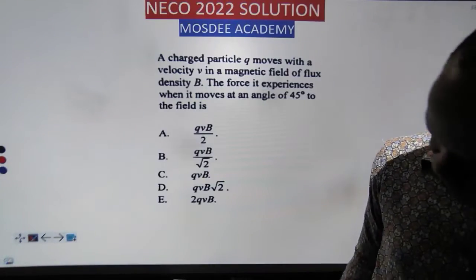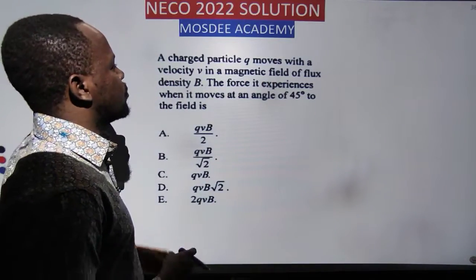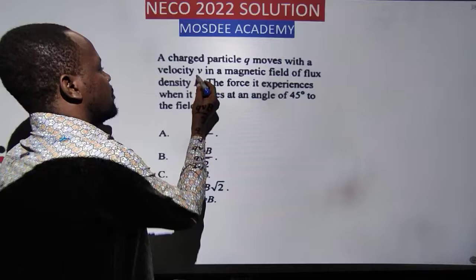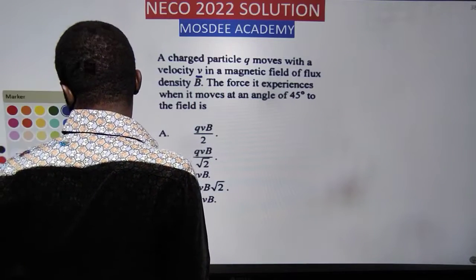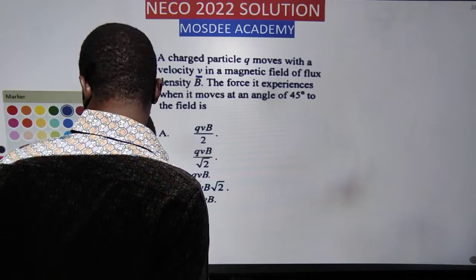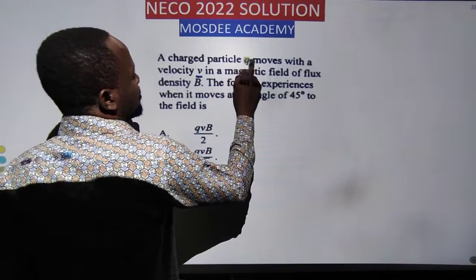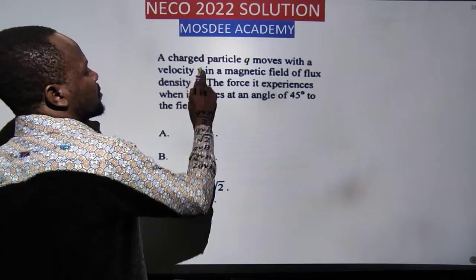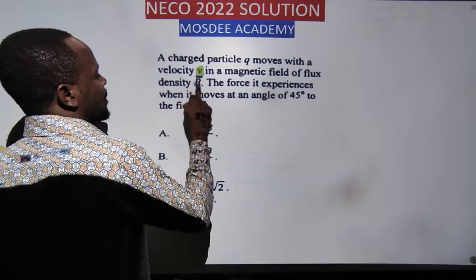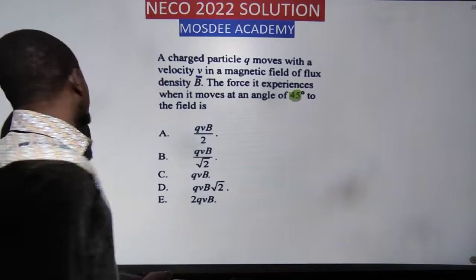So the next one. The next question says a charged particle Q moves with a velocity v in a magnetic field of flux density B at an angle of 45 degrees.